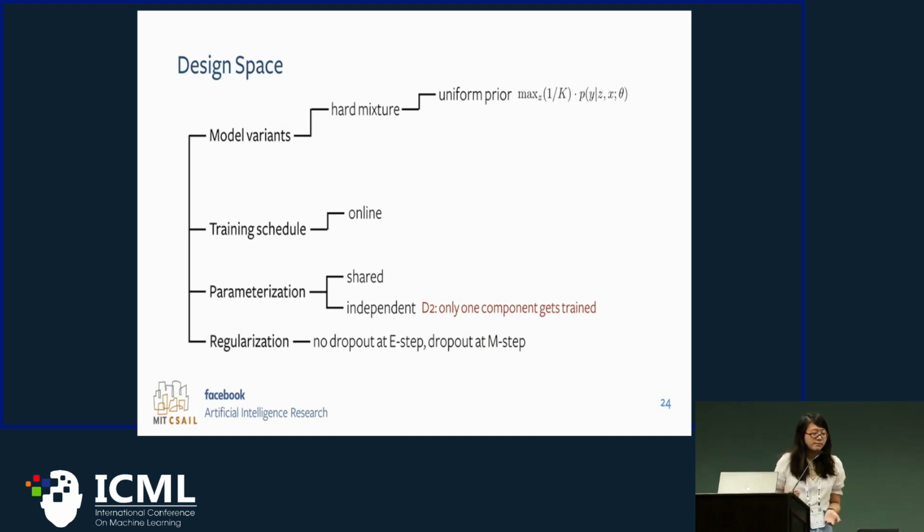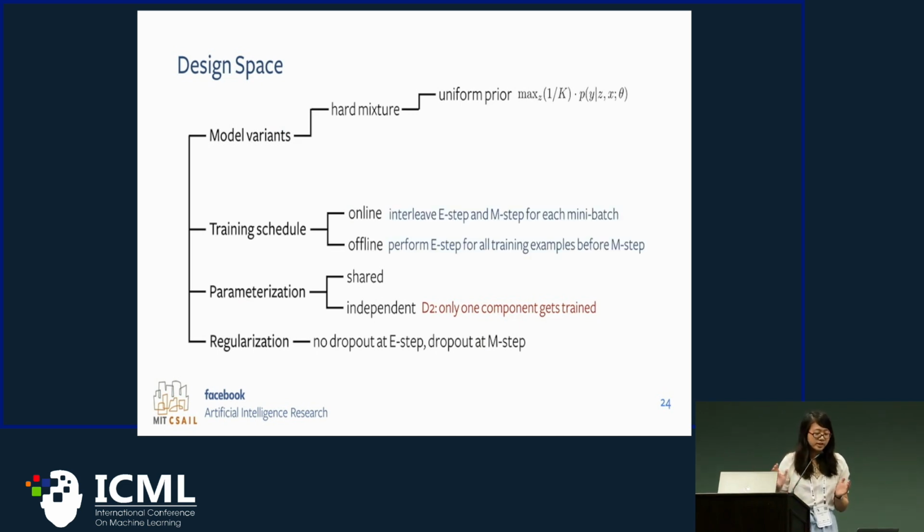This could be caused by our online training schedule that interleaves the E step and M step for each mini batch, so the components evolve too fast with a prominent rich-gets-richer effect. This can possibly be remedied with an offline training schedule, where we perform the E step for all training examples before the M step, so each component receives enough training examples and it's more stable.